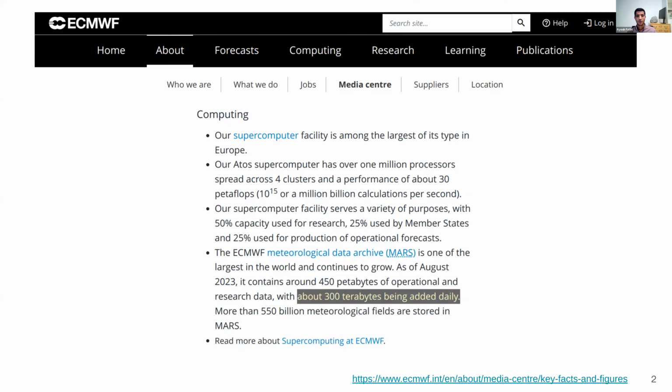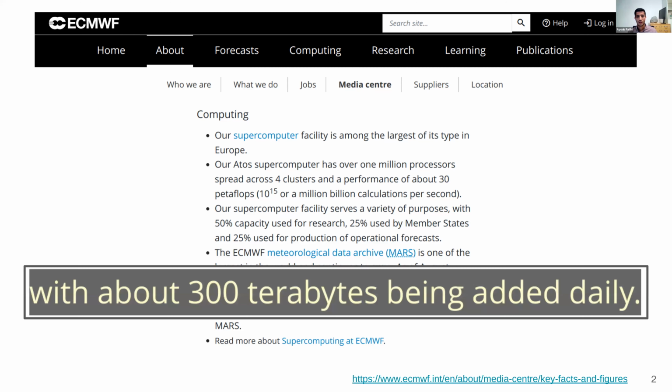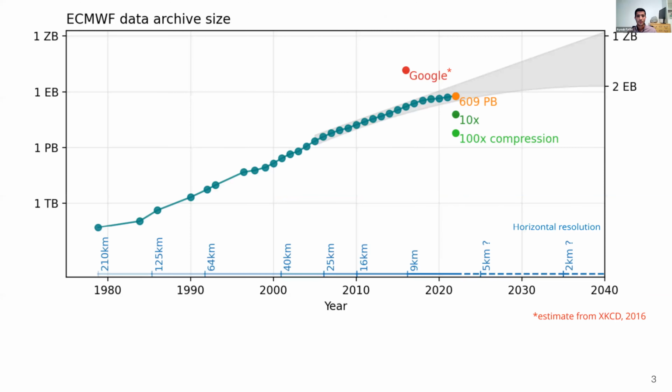The exponential growth of data across multiple fields has created the demand for efficient data management. According to the ECMWF, an astonishing 300 terabytes of atmospheric data are being added to the archive on a daily basis. Also, according to the ECMWF, its data archive is rapidly approaching the exabyte mark.